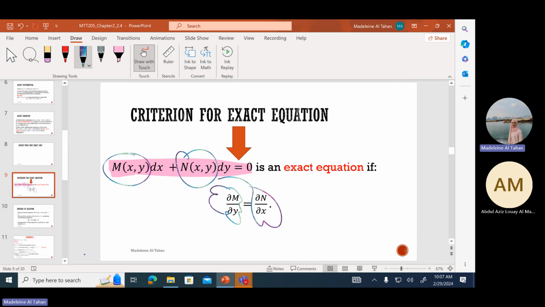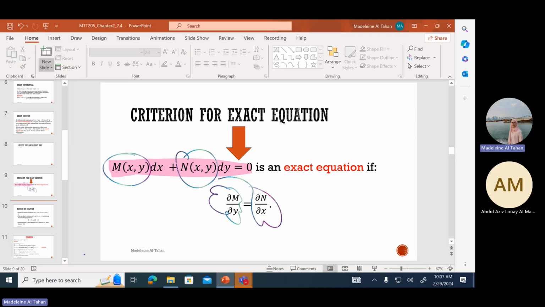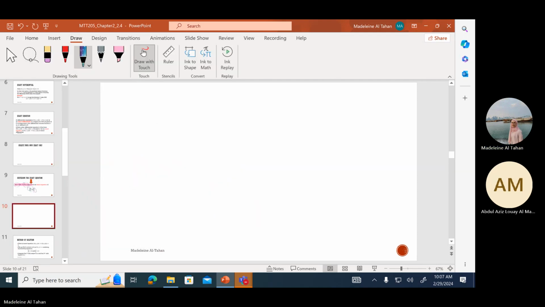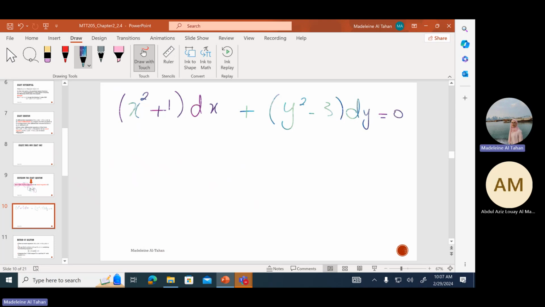Okay, miss? We have a differential equation. First order differential equation, it's written in this way, like this one, miss. This one, is it a first order differential equation or not? Isn't it a first order differential equation?